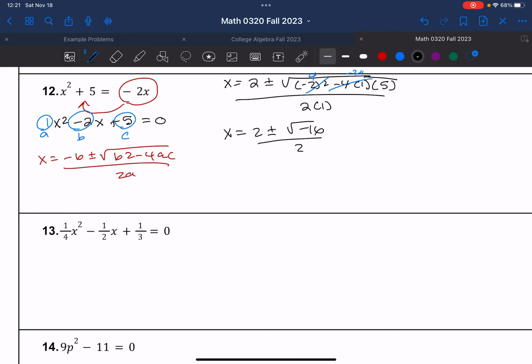Square root of 16 we know is 4, but since it's a negative, this is going to be 4i. So I have x is equal to 2 plus or minus 4i over 2. We can again simplify all these by dividing it by 2, and we're left with 1 plus or minus 2i. Which means our two answers are x is equal to 1 plus 2i or x is equal to 1 minus 2i.